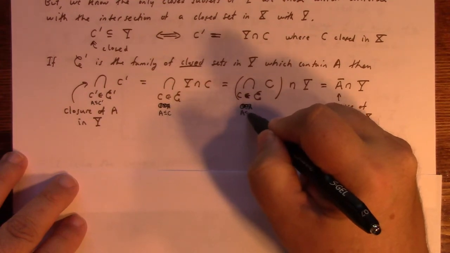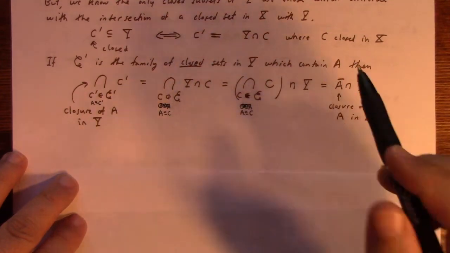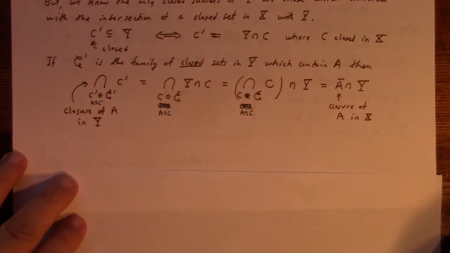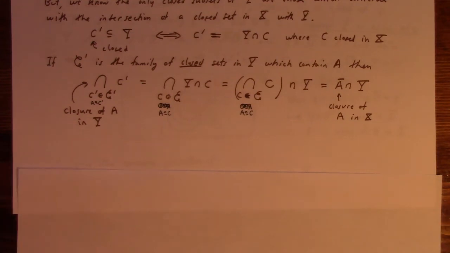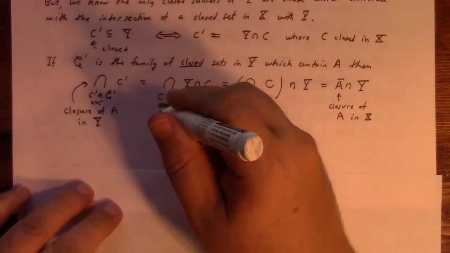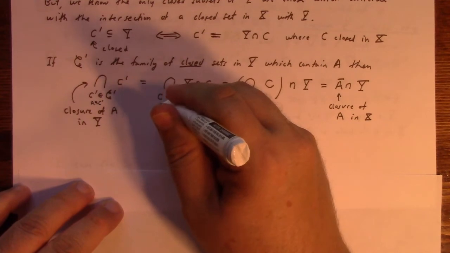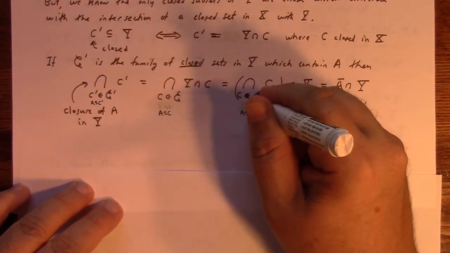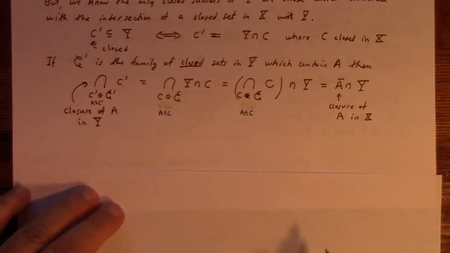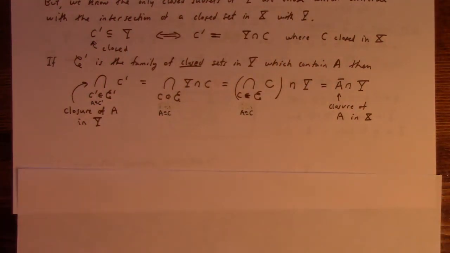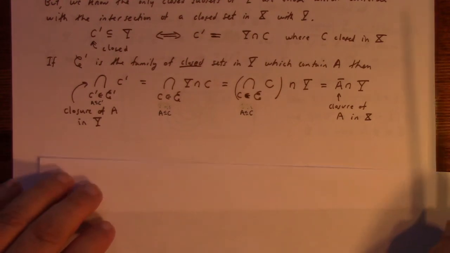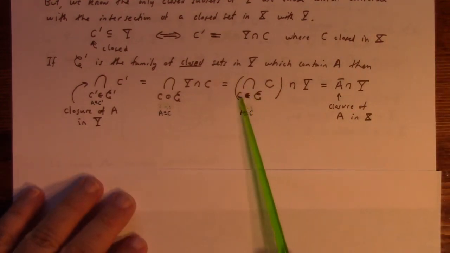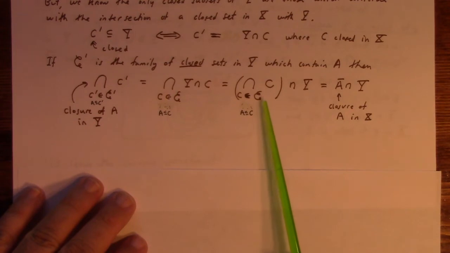A is a subset of C, right? And as such, we have the intersection of all closed sets which contain C. Here C is a family of closed sets in X, right?